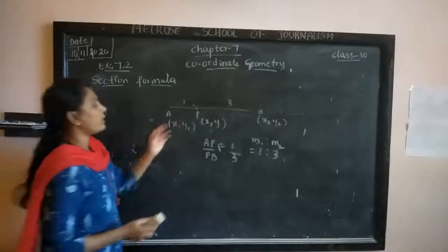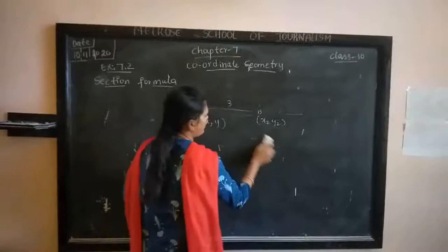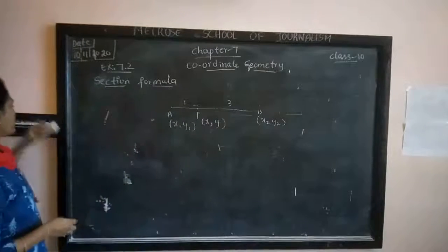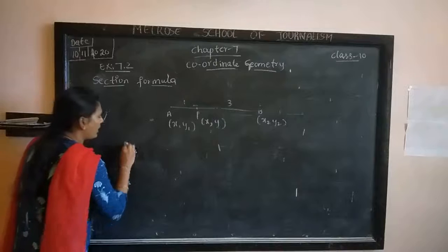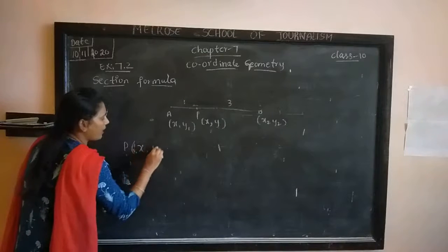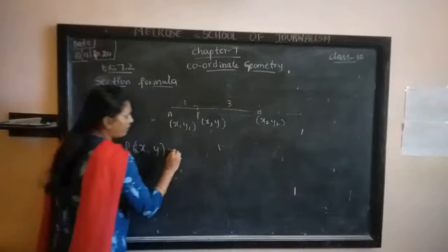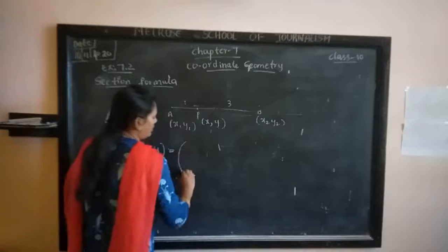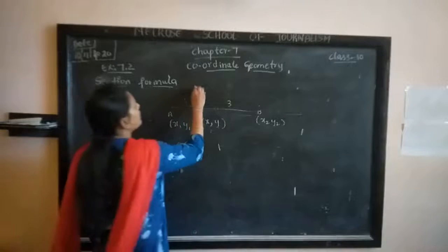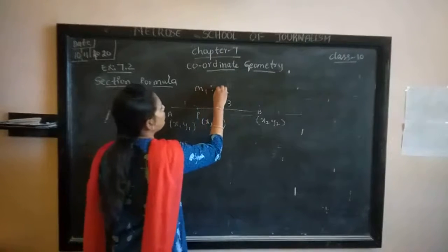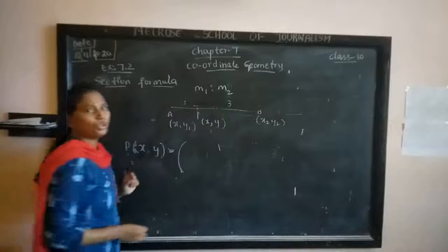To find the coordinates of point P, we have the section formula. The coordinates of point P, x comma y, is equal to: here the ratio is M1 is to M2.